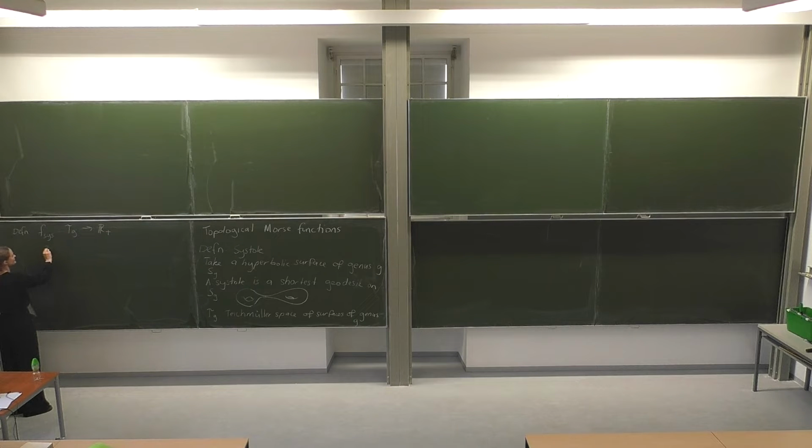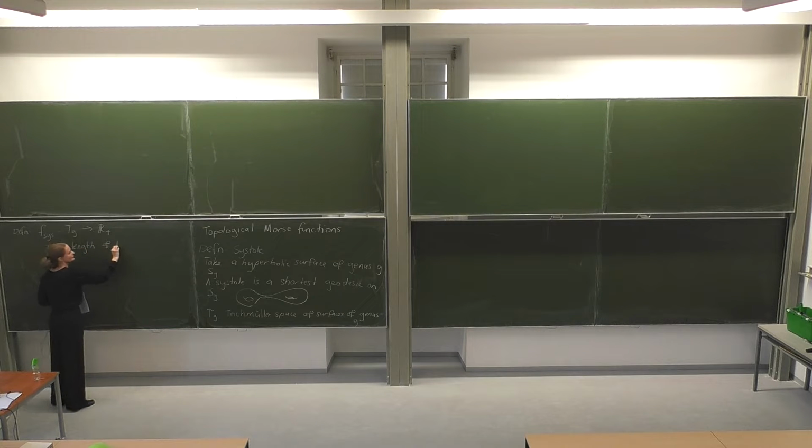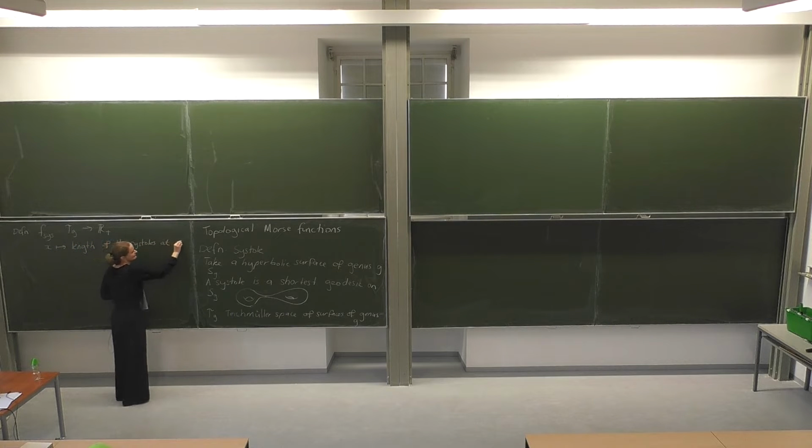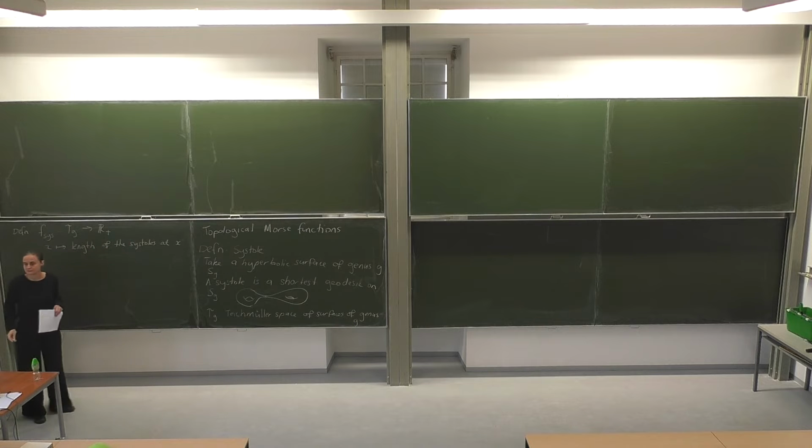So a point x is mapped to the length of the systoles at x. The systole function f_sys is piecewise smooth.